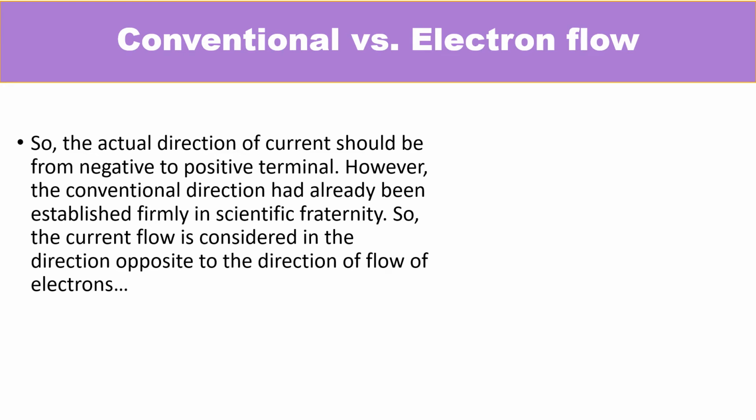Therefore, actual direction should always be negative to positive. I'll put quite a lot of emphasis on that one. But I want you to know both ways, conventional versus electron flow. From now on, however, I'm going to use electron flow method to describe most of the phenomena, whenever there is any example.